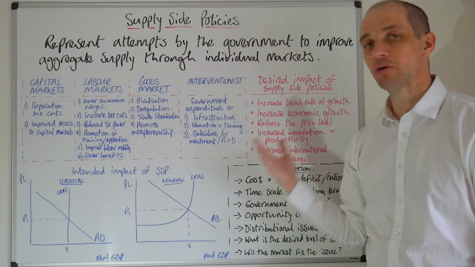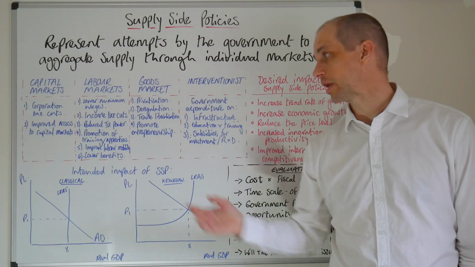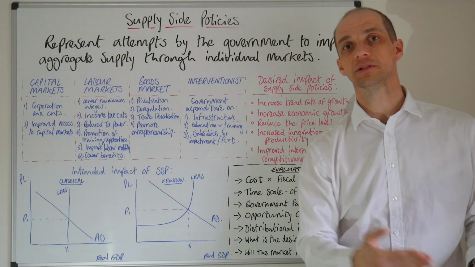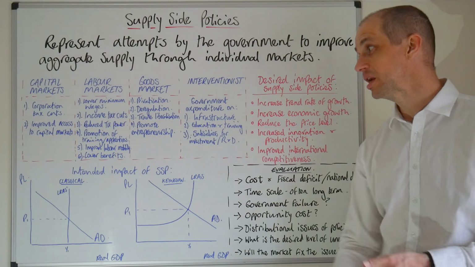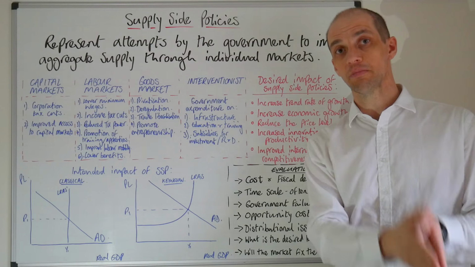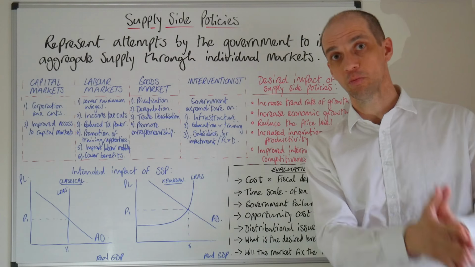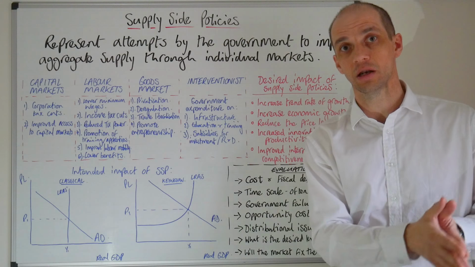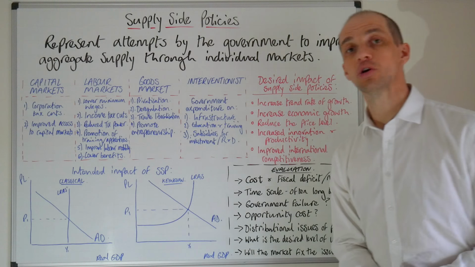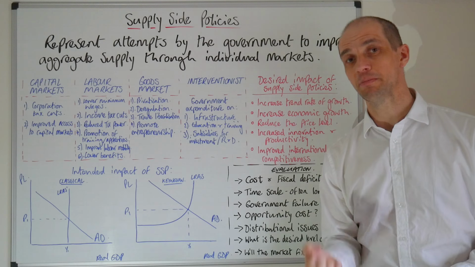Then it could also be about improving labour market mobility, so that people are more prepared to move geographical location, as well as improving occupational mobility, the ability of people to move from one particular area of work to another.